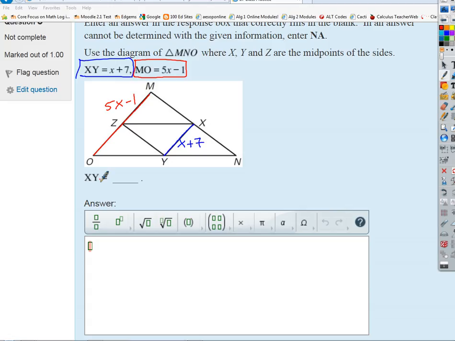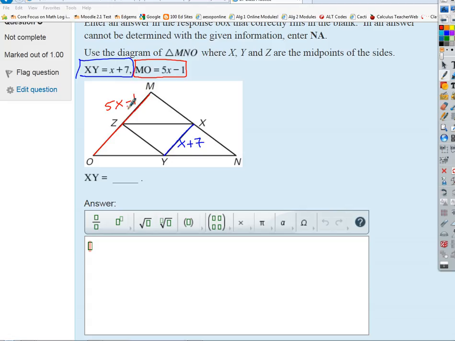Okay, Gina, let's set up that geometry relationship. What's the relationship between the length of the blue segment and the red segment? Would it be x plus 7 plus x plus 7 equals 5x minus 1? Very good. So two of the blue ones, 2 times the quantity x plus 7 equals 5x minus 1.